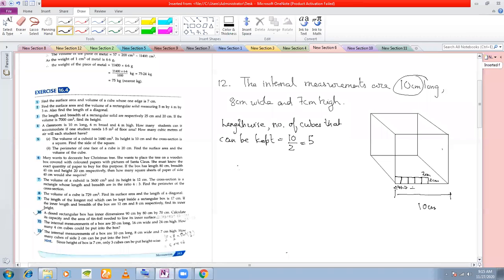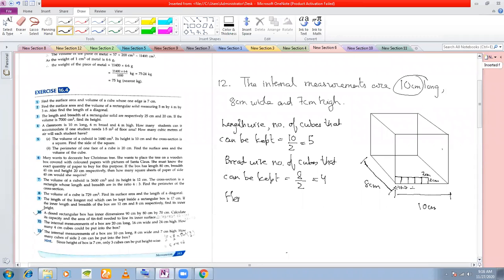Anyone who did not understand this? So lengthwise you can keep 5 cubes. Breadthwise, what is the breadth here? The breadth given is 8 centimeter. So breadthwise, number of cubes that can be kept is 4, because 8 divided by 2. 4 cubes you can keep breadthwise.